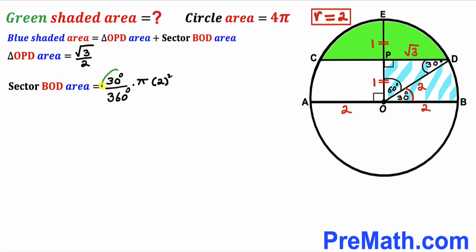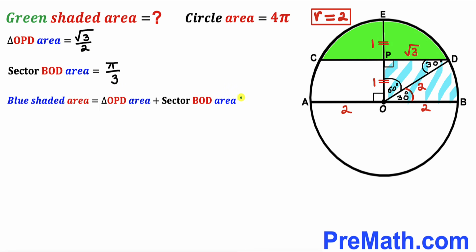And now let's make an observation. We can see this fraction reduces to simply 1 divided by 12, and likewise 2 squared is 4. So therefore we could write 4 pi divided by 12, and that reduces to simply pi divided by 3. So thus this sector BOD area turns out to be pi divided by 3.